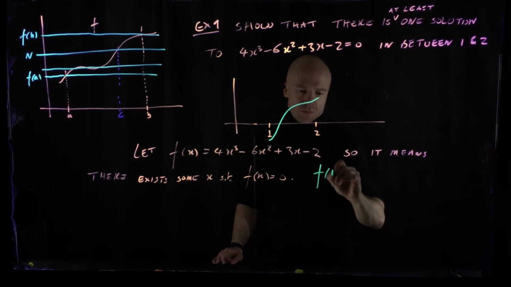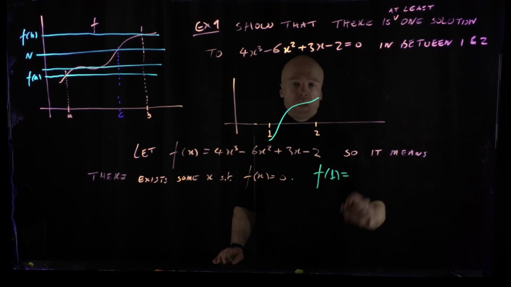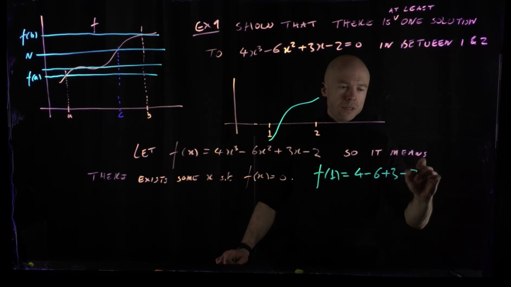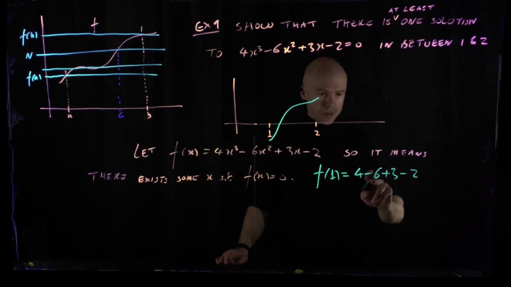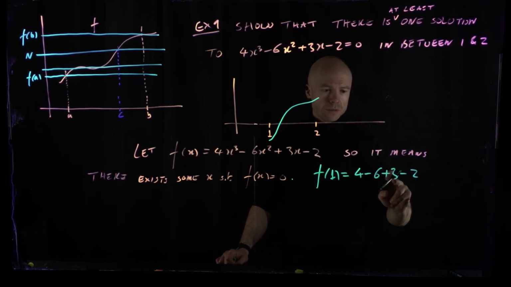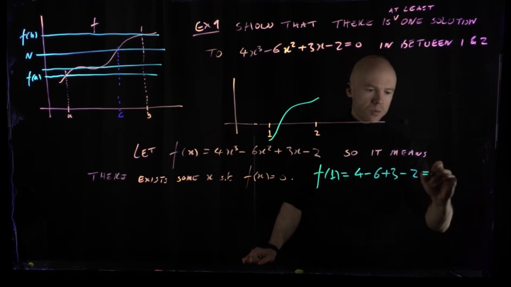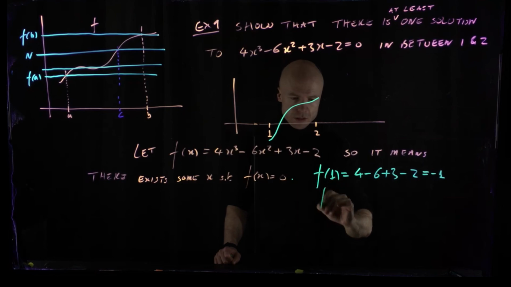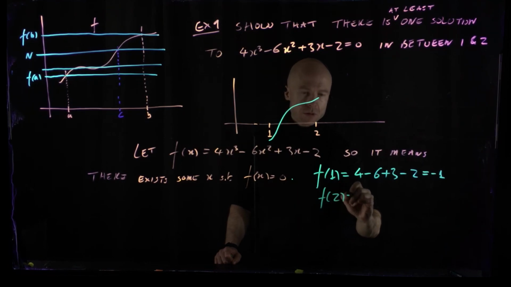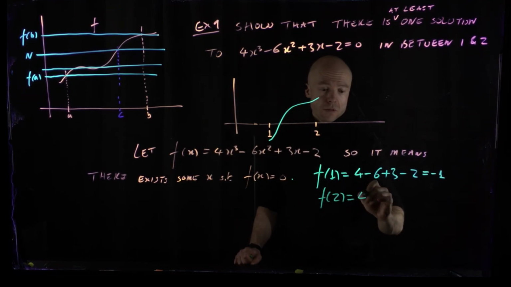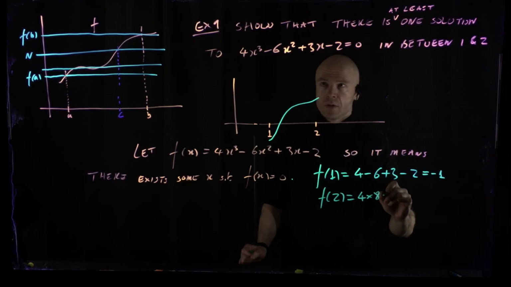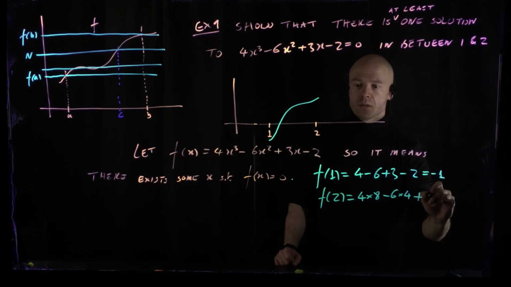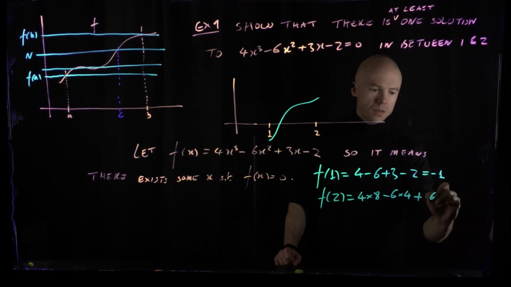So f of 1, what's it going to be? It's going to be 4 minus 6 plus 3 minus 2. So it's minus 2 plus 3 is 1, minus 1, so it's minus 1. Right? So f of 1 is down here. f of 2 is going to be 4 times 8 minus 6 times 4 plus 6 minus 2.